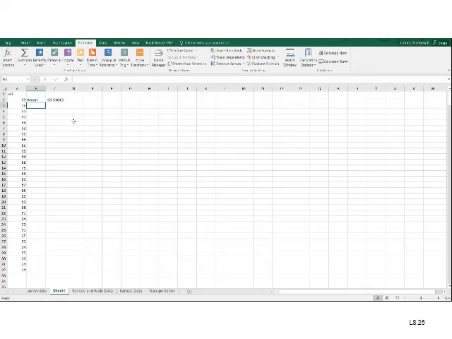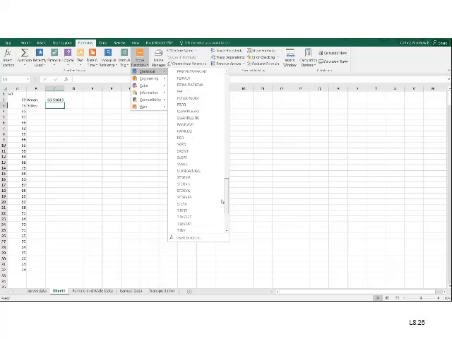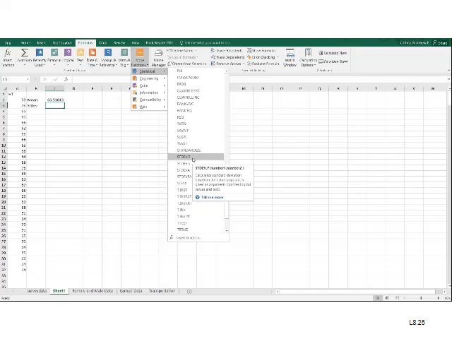Now for the standard deviation, I'll go back into Functions, Statistical, and I'll scroll down until I see something that looks like standard deviation. And there are two of them, STDEV.P and STDEV.S. The first one is for the population.